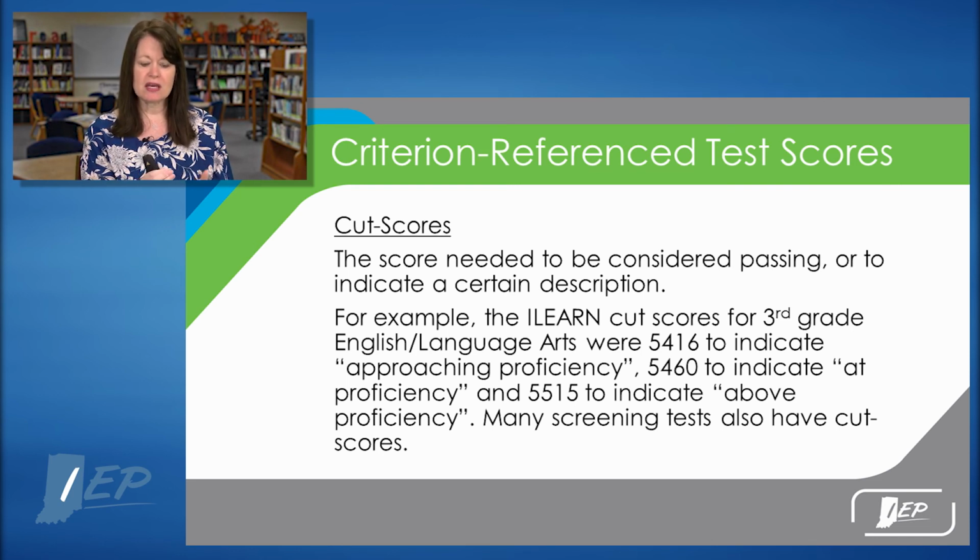Or as long as you hit this number but haven't exceeded a different number, you're in a category that says we need to pay attention, we need to support in some way. They're general kinds of scores, but again, it's just giving us that bottom level to be considered into a certain description or to be considered passing or at a level that indicates either concern or no concern.